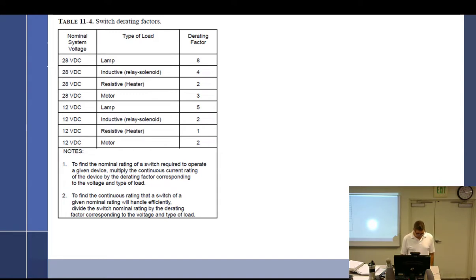So all right, so we have a 28 volt lamp that draws 5 amps. So how would we do this? First of all, we're going to find the right thing, 28 volt lamps. That'll be the first one right here: 28 volt, motor, heater, relay, lamp, 28 volt lamp, and the derating factor is 8. So we have to derate it by a factor of 8.